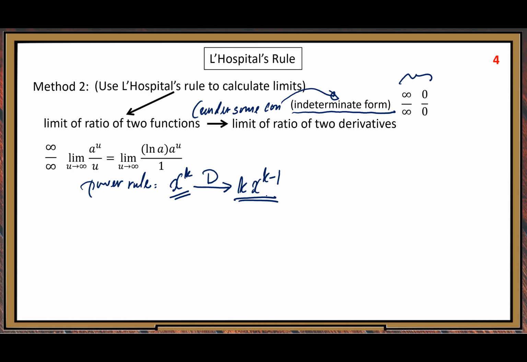Here k is not necessarily an integer; it is a real number, but not 0. If it's 0, you cannot apply the power rule. k could be a negative number, but cannot be 0.